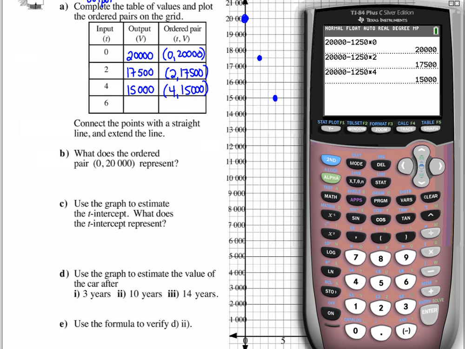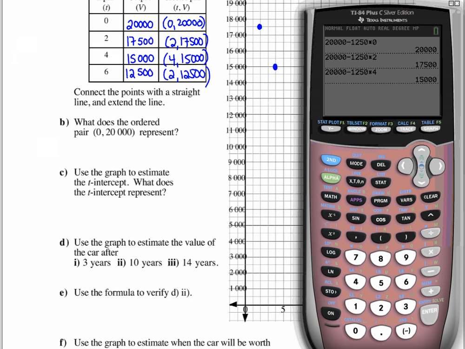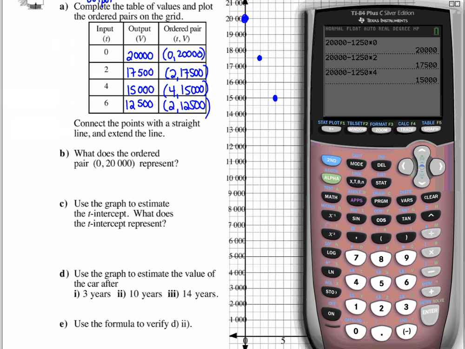Okay, 6. What was 6 equal to? 12,500. Every 2 years, we're going down by $2,500. So 6 was 12,500.